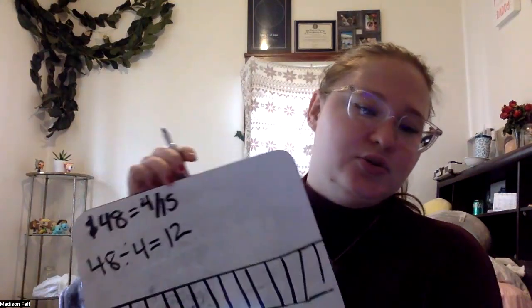So we know that 4 of these equal $48. So what does one of them equal? Well, if 4 of them equal $48, then we're going to take 48 divided by 4. So we know what one group is equal to because we know what a group of 4 is equal to. So 48 divided by 4 is going to be 12.